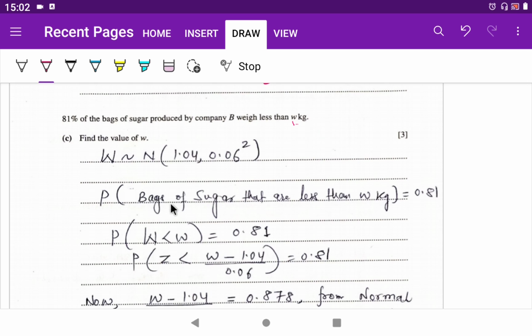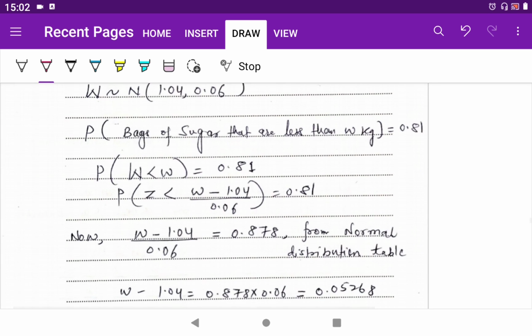Now the proportion of bags of sugar less than w kg is 81%, so the probability is 0.81. Now we will use P(W less than w), that is P(Z less than (w minus 1.04) upon 0.06) equals 0.81.